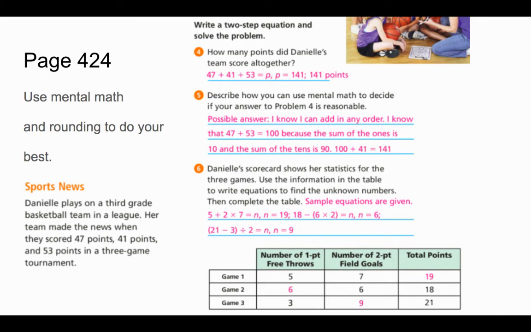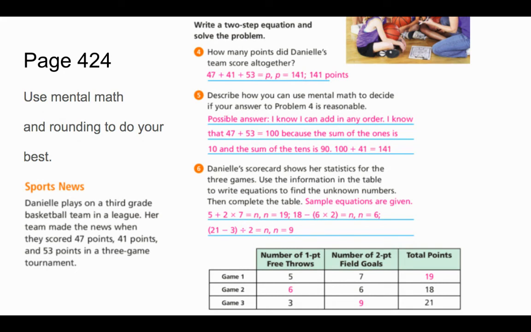For number 2, she scored 18 points altogether. She scored 6 field goals that were 2 points each. 6 times 2 is 12, and 18 minus 12 gives you 6. So she scored 6 free throws in the second game, 6 two-point field goals in the second game, and 18 points altogether.